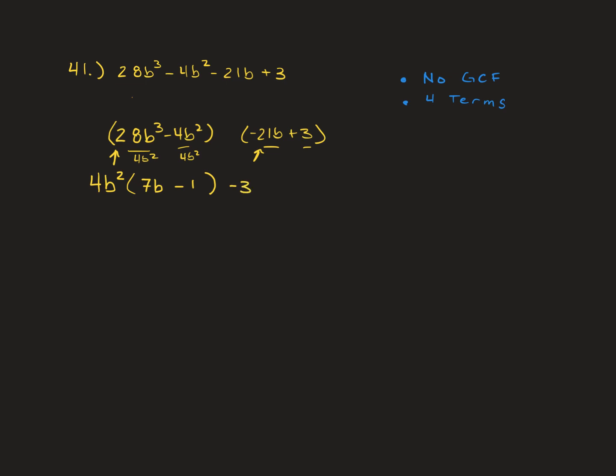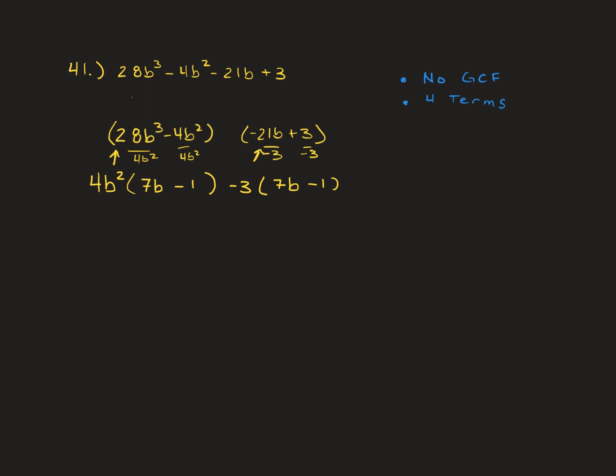Negative 3 goes into negative 21, negative 3 goes into 3. So I factor out a negative 3, and then what I'm left with is 7b minus 1, because if I divided both of these by negative 3, negative 21b divided by negative 3 would be a positive 7b. Positive 3 divided by negative 3 would be a negative 1.